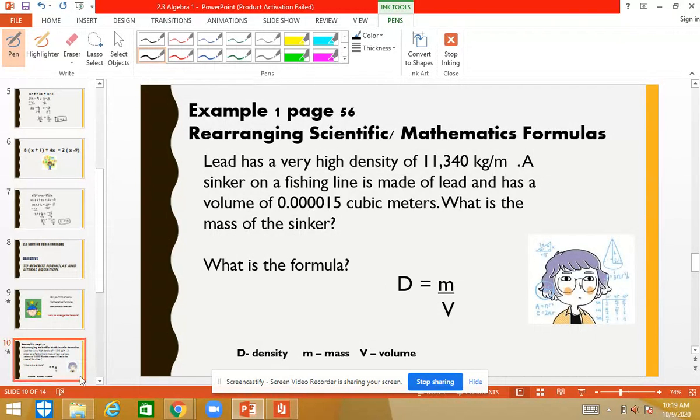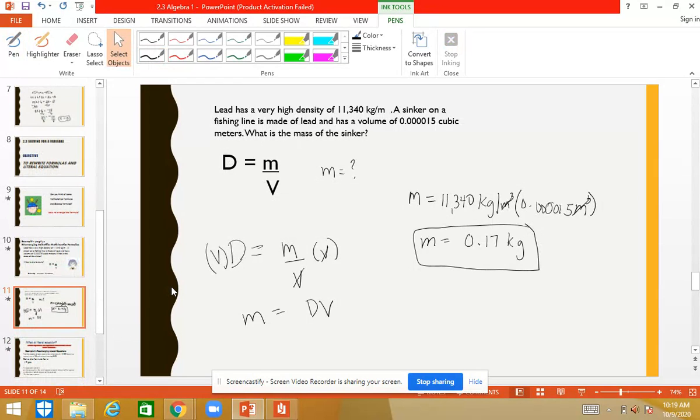So I will teach you how to rearrange the formula. If we're looking for mass, we need to isolate m, which means we will apply the inverse operation in D = m over V. What did I do? I multiplied both sides by V, because this is division, so the inverse is multiplication.